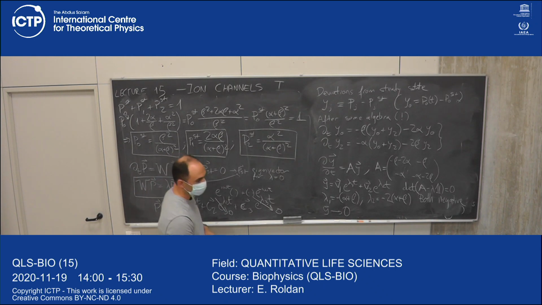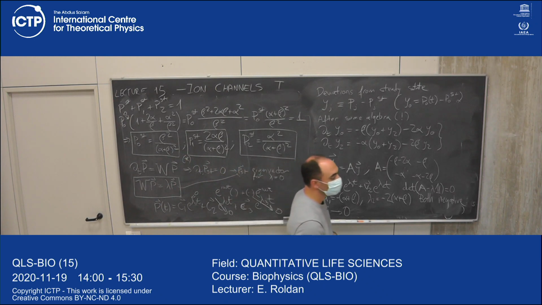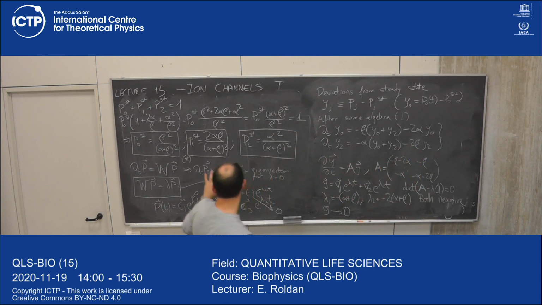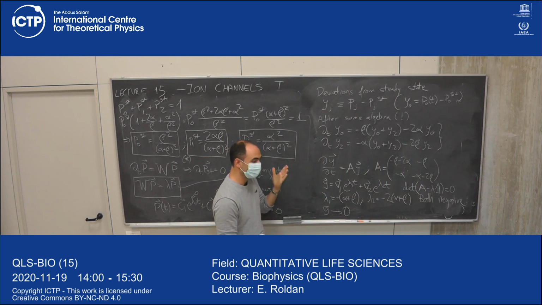Sir, the system of the deviation is for the previous system? You have three states? Yes. There are 3 states, but now I'm looking at the deviation of the probability from its stationary value.